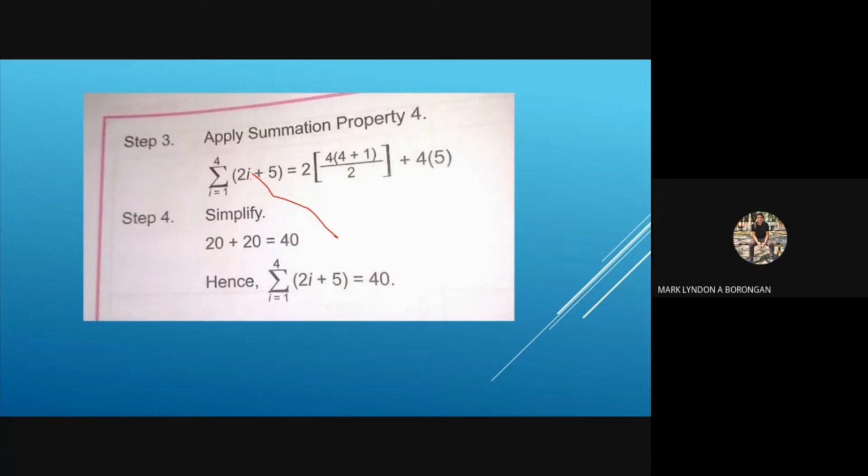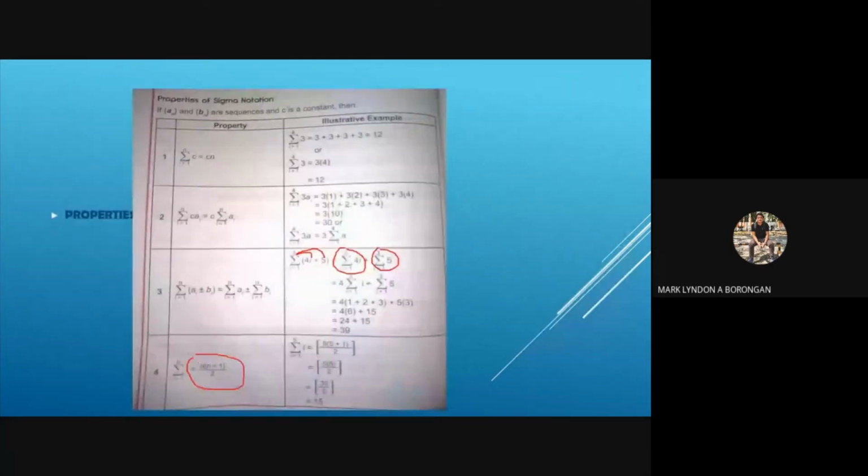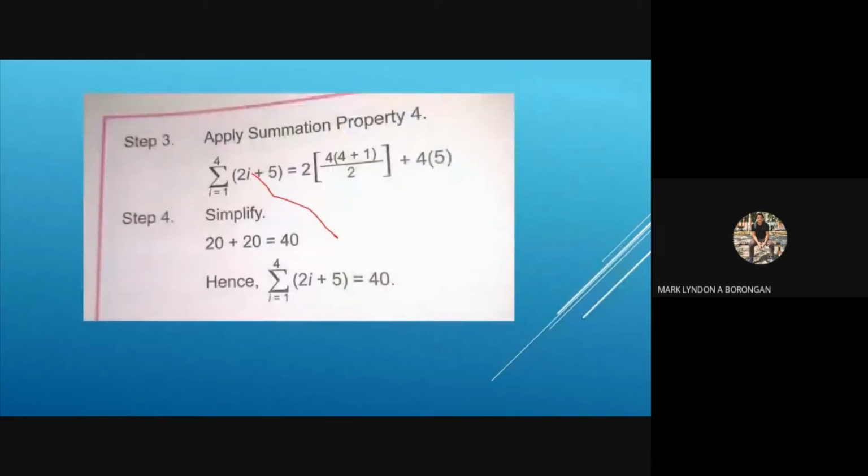Since the fourth property states n times n plus 1 over 2, we apply it using i, changing it using the upper limit, which is just equal to 4 times 4 plus 1 divided by 2.